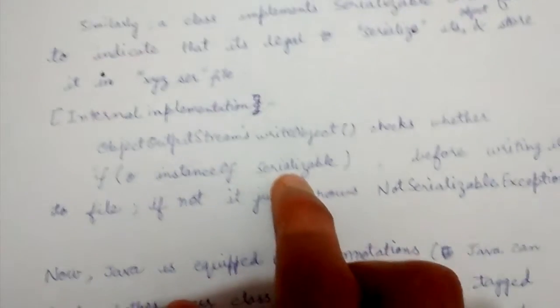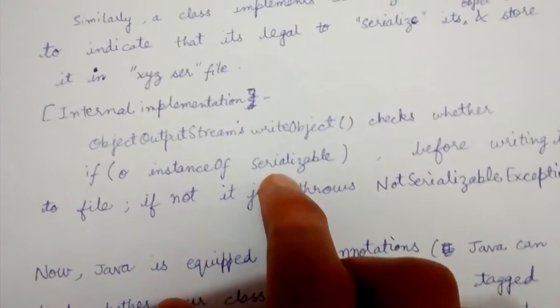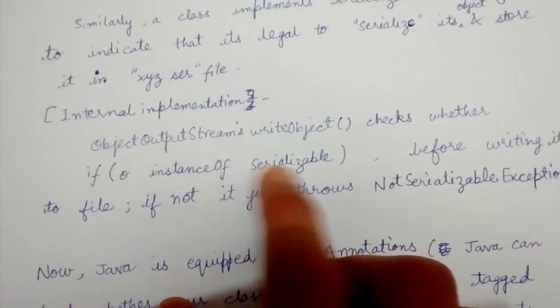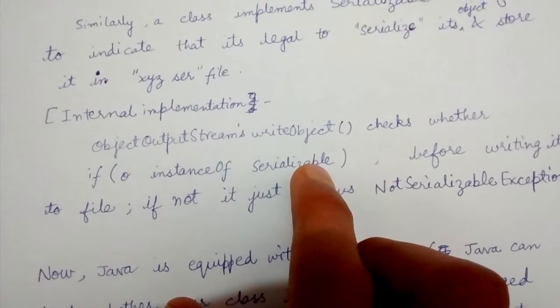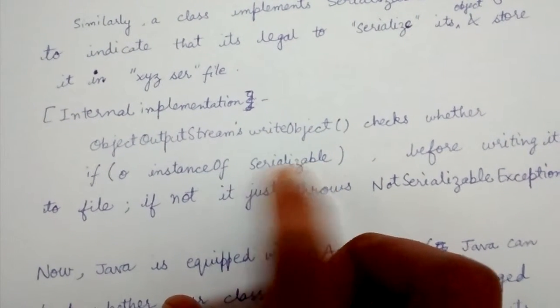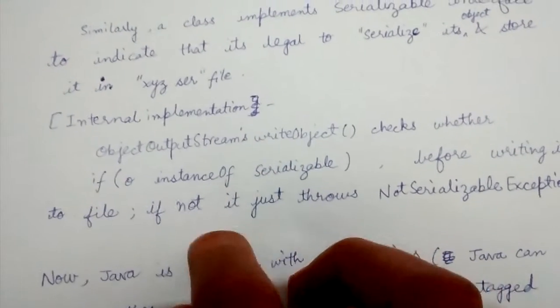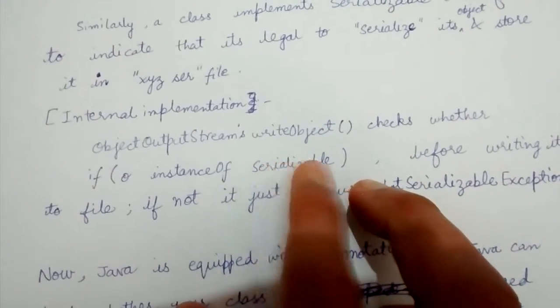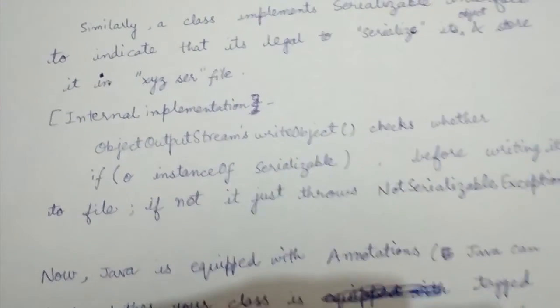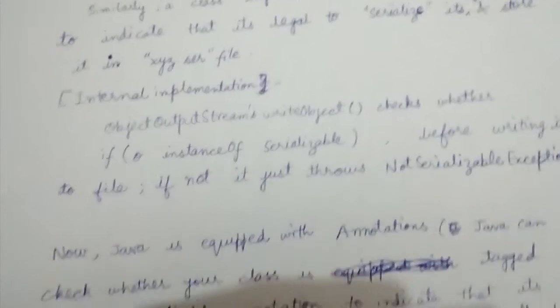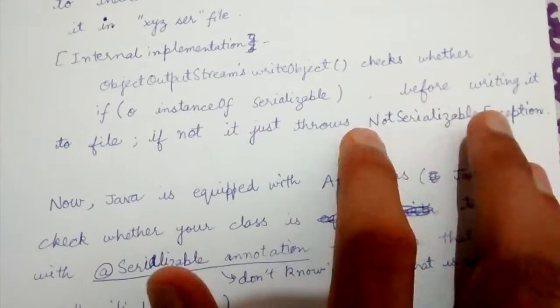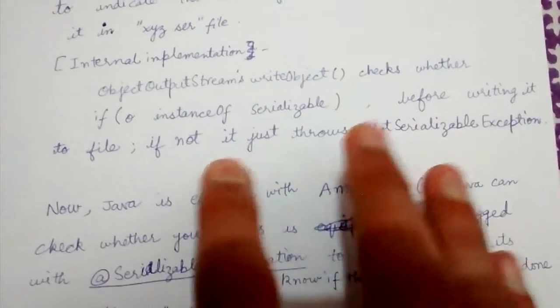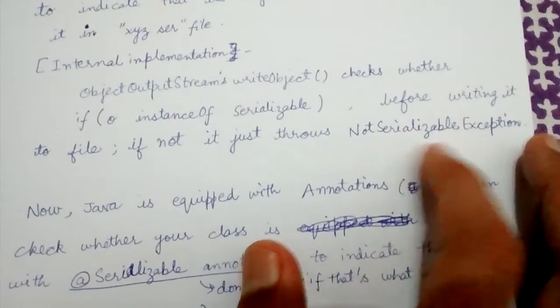You can say that it's an instance of Serializable only when it's either of the Serializable interface type or any of its children. So basically it must implement this Serializable interface. Then only do we serialize that object and write it to a file. Otherwise we just throw NotSerializableException.